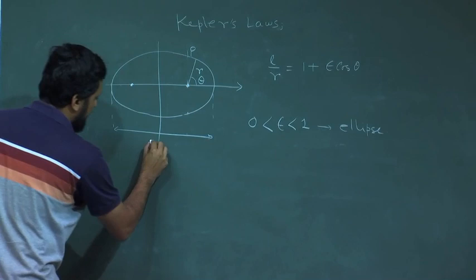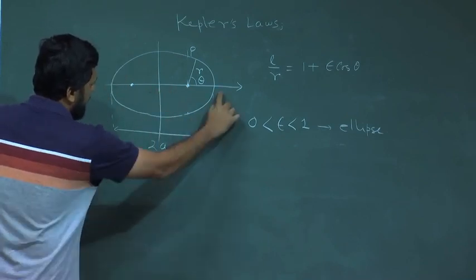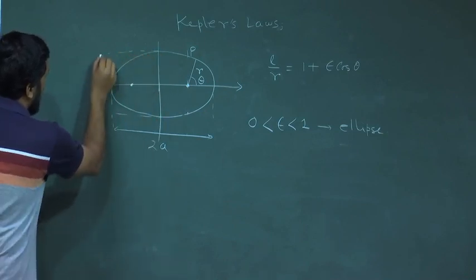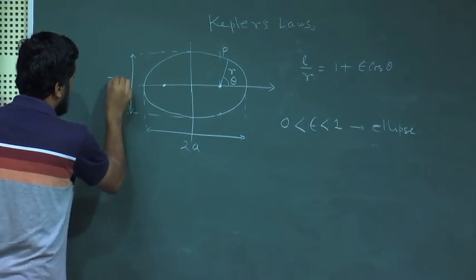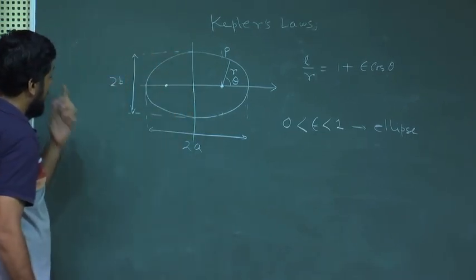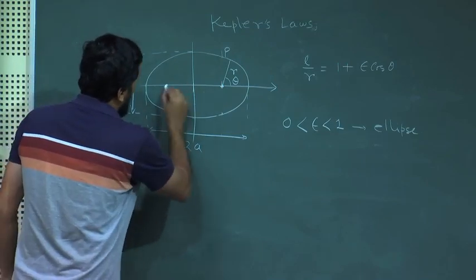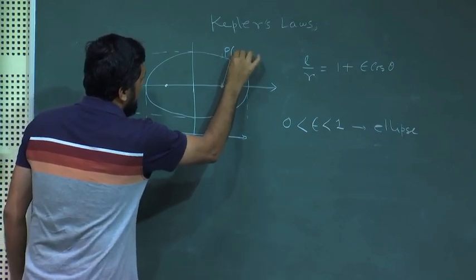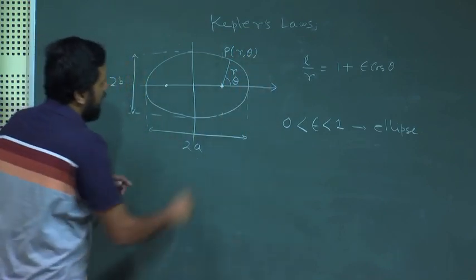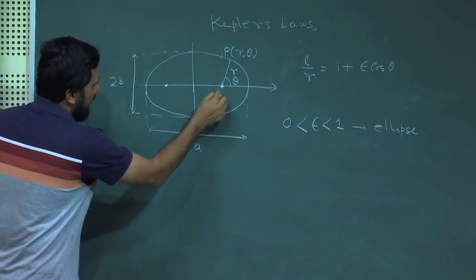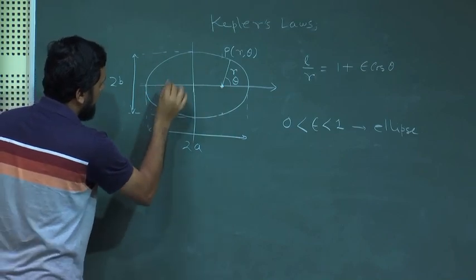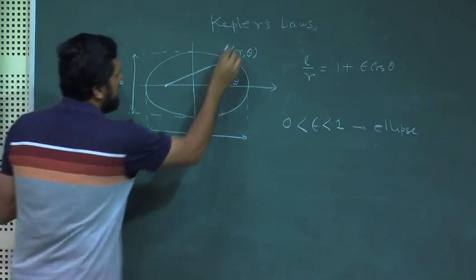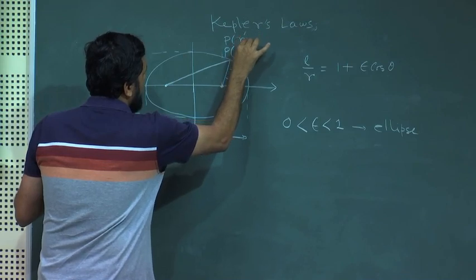This is the major axis 2A. So, half of this is A, that is the minor axis 2B, and half of this is B. Now, if the position of this point P is r theta, when we have the origin at this focus, and if we shift the origin to this particular focus, we have a coordinate which is given by P r prime theta prime.